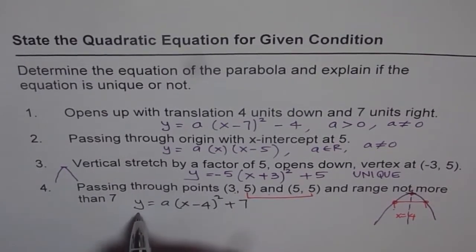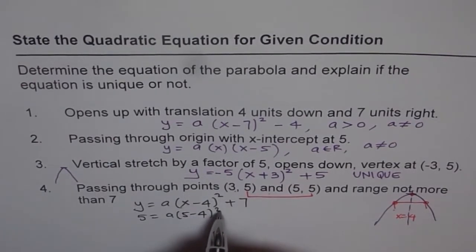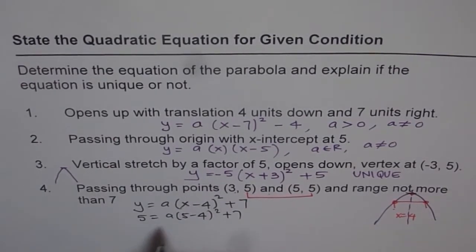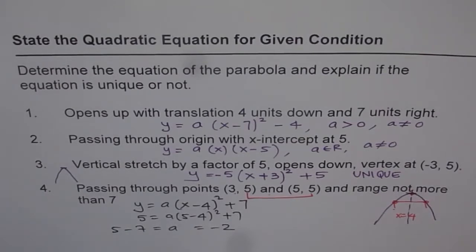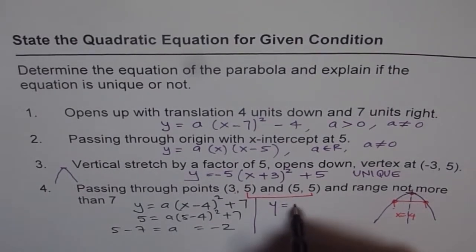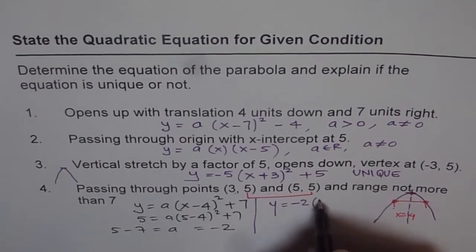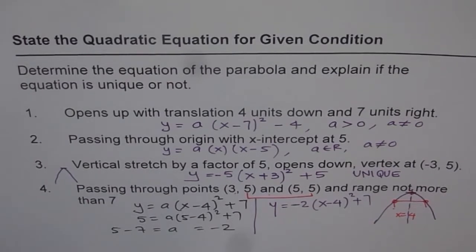You get 5 equals a times 5 minus 4 whole squared plus 7. 5 minus 4 is 1. Now that means a equals 5 minus 7, which is minus 2, right? And therefore, the equation is y equals minus 2 times x minus 4 whole squared plus 7. So that is how you can get the equation.